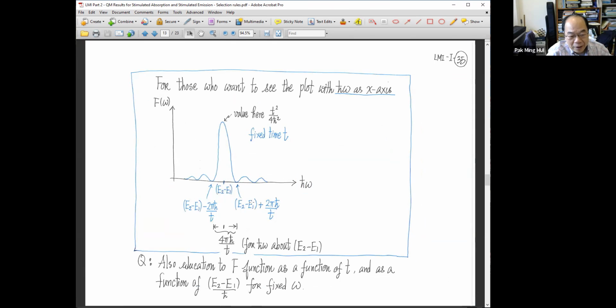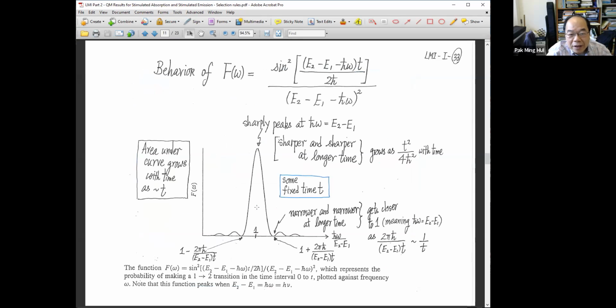Now, there are some books, when you read on this topic, that look at the same function and view it as a function of t and draw what happened in t. So pay attention when you read different things.